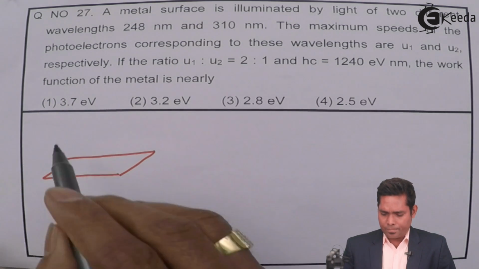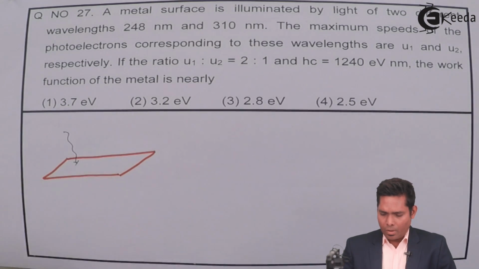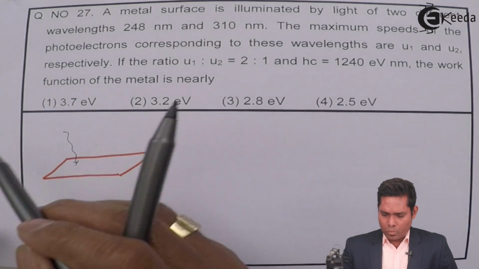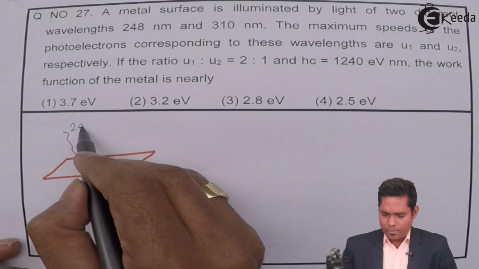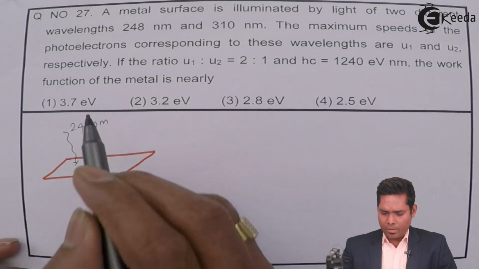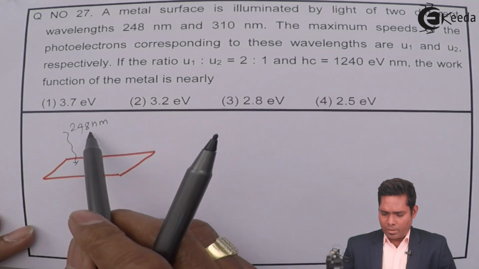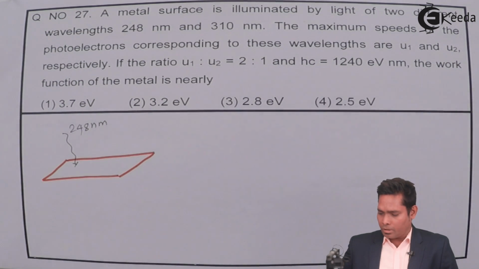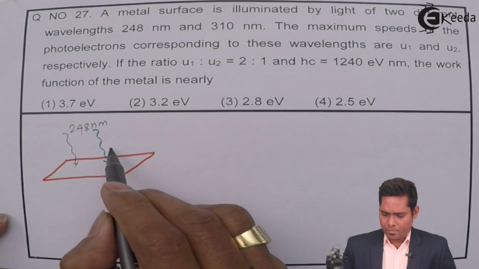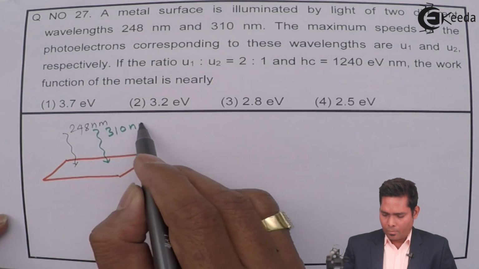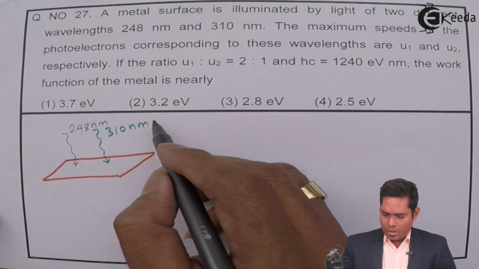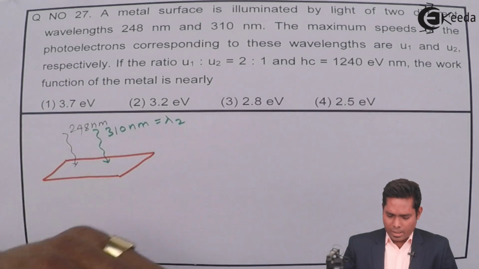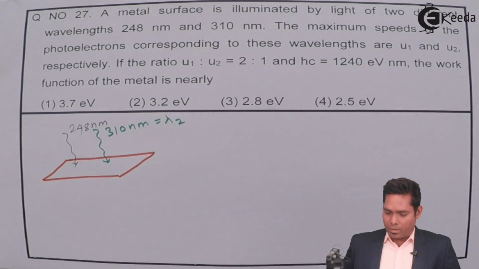One is 248 nanometer, the other one is 310 nanometer. So this is lambda 2 and suppose that this is your lambda 1.